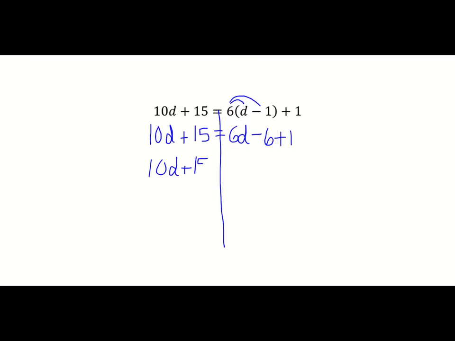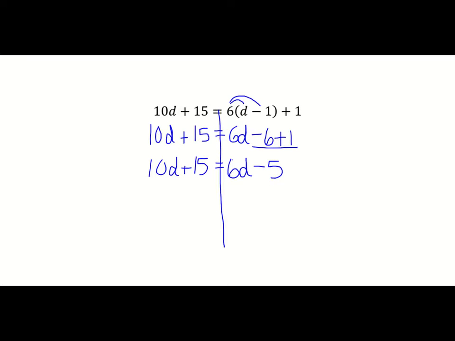I cannot add them together. But on the right-hand side, I do have like terms. I have a negative 6 and a positive 1. Since neither one of these have variables, I can add those together. So I drop down 6d, and negative 6 plus 1 would be minus 5.